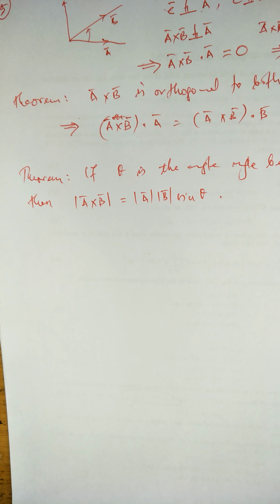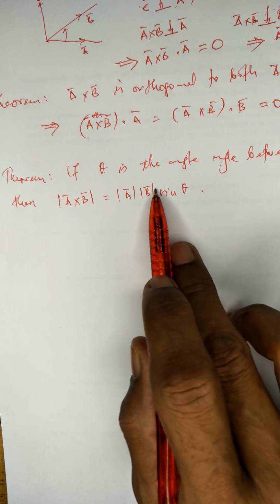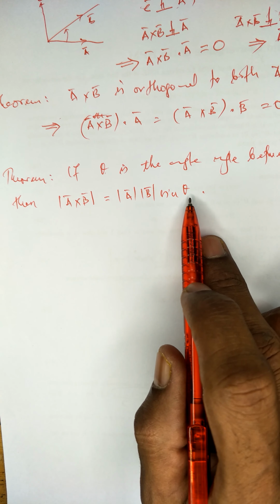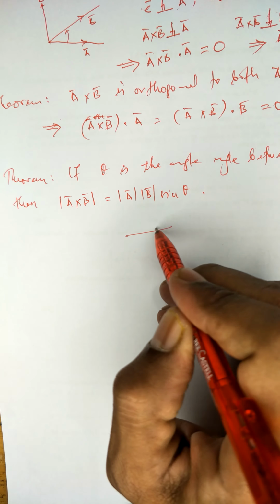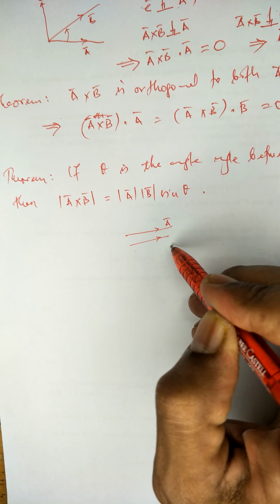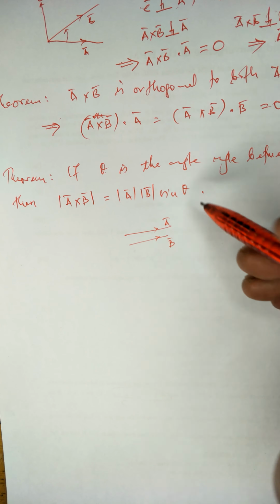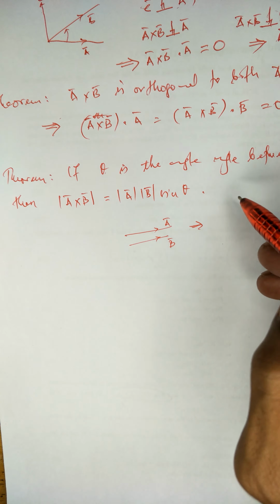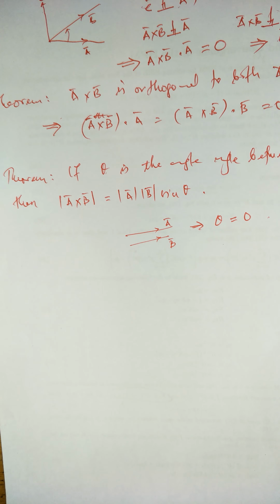What's the immediate consequence of this theorem? If two vectors are parallel, for example vector A and vector B, the angle between them is 0.